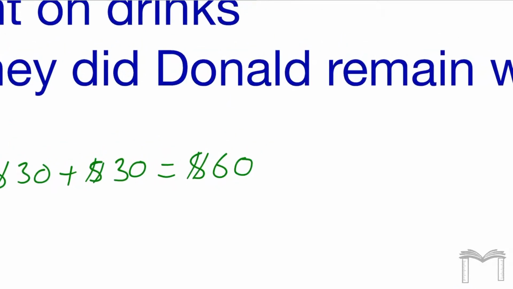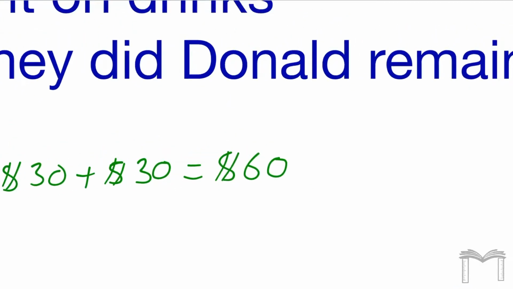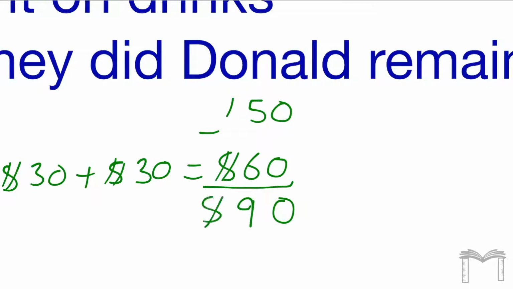And he started with $150. We simply subtract what was spent to know what amount of money he has remaining. 0 take away 0 is 0. 15 take away 6 is 9. So he has a remaining amount of $90.